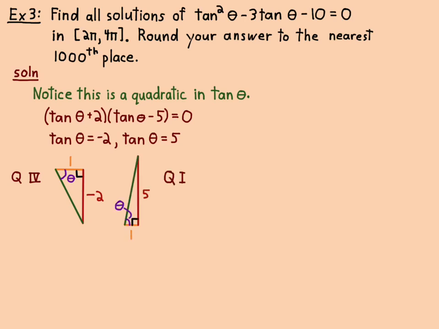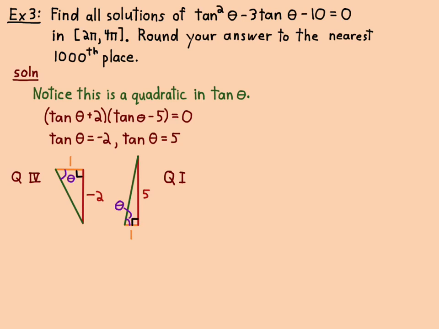Okay, tangent theta equals 5. Also I'm ignoring it because with tangent, you only need one of these triangles for each equation, because you're just going to be adding integer multiples of pi. Anyway, this theta is in quadrant 1.